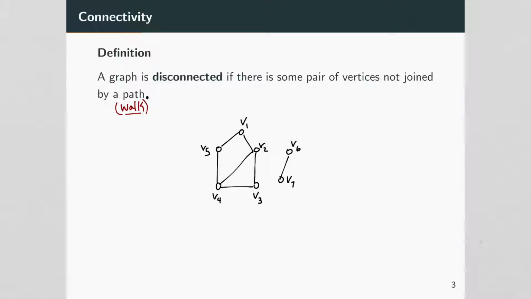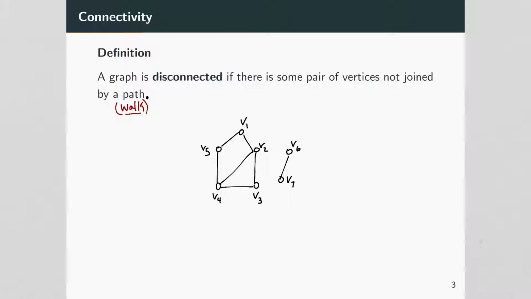For example, if we look at this graph, which has vertex set V1 through V7 and all of our edges here, this whole thing is a graph, but we have one subgraph from vertices V1 to V5 that's separated from our subgraph induced by V6 and V7, and there's no way to get from a vertex on the left to a vertex on the right.